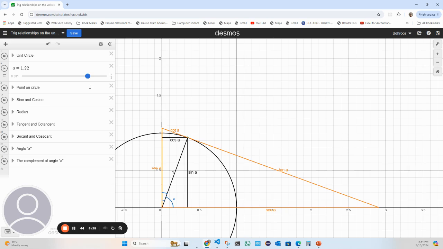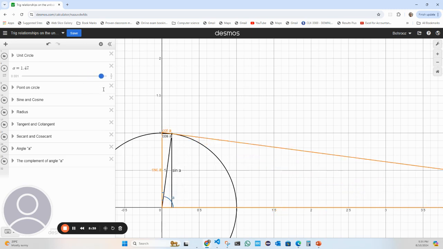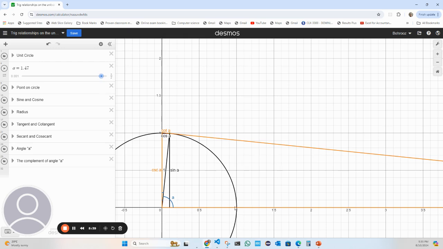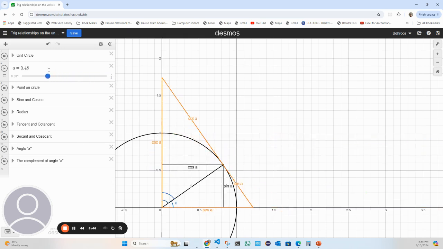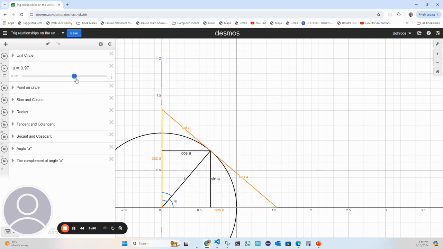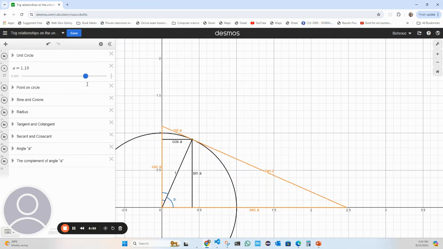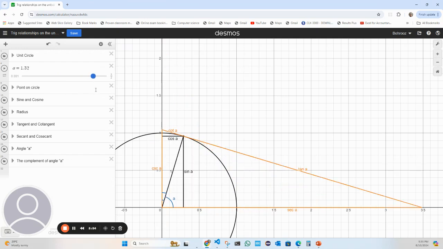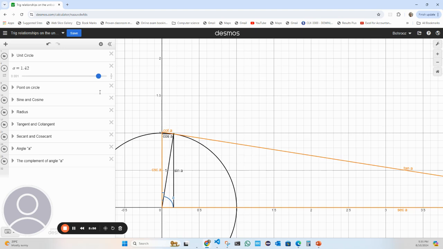So as I increase angle A to be more and more towards 90 degrees here, or pi over 2, you see the secant at the bottom of the curve will become parallel to the line, and therefore secant is not defined at 90 degrees.